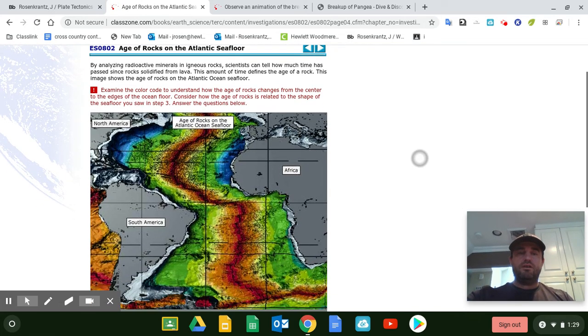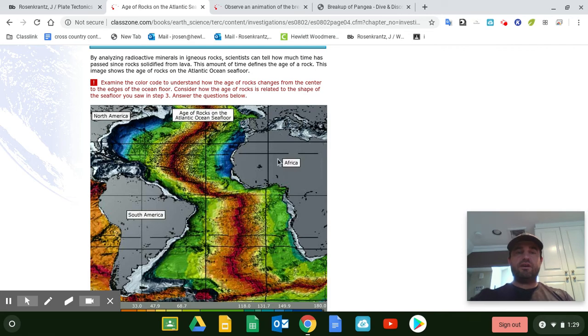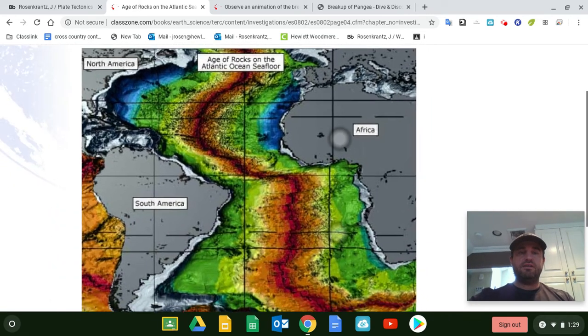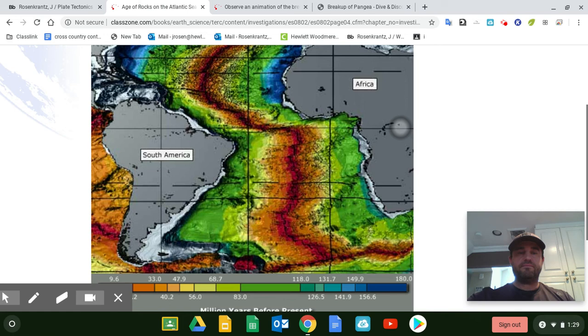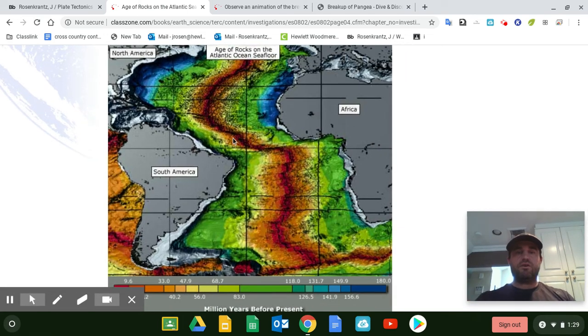Okay. So what you're seeing here, this gray, let me enlarge that, is the continents. And these colors are on the seafloor. If you remember, I said North America separated from Africa first. What I mean by first is before South America separated from Africa.